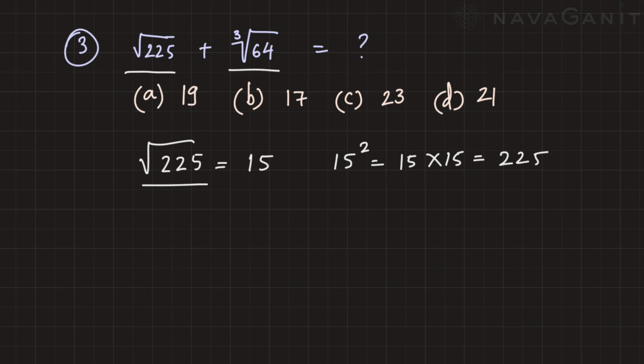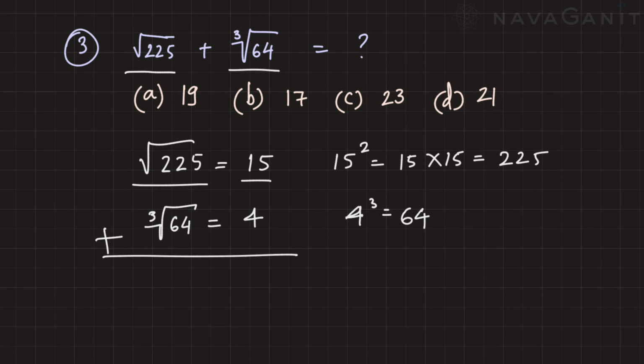Similarly, the cube root of 64 is 4, because 4 cubed is 64. Now if I add these two, 15 plus 4 would be 19. So the right answer is option A, 19.